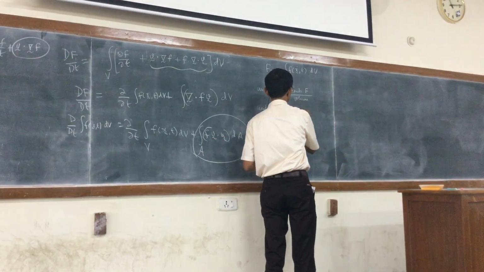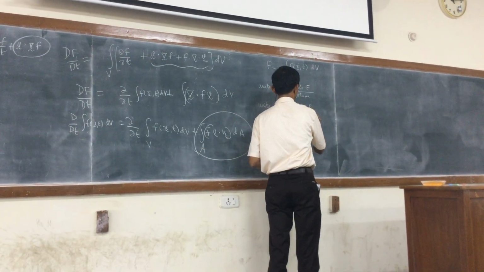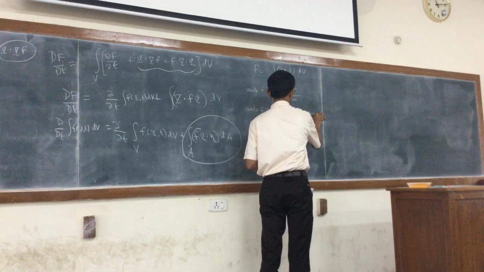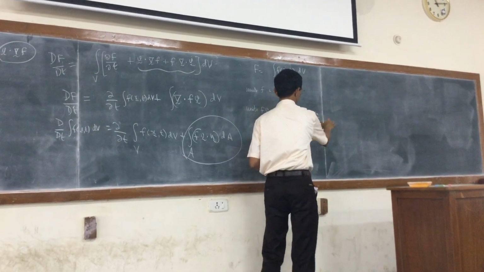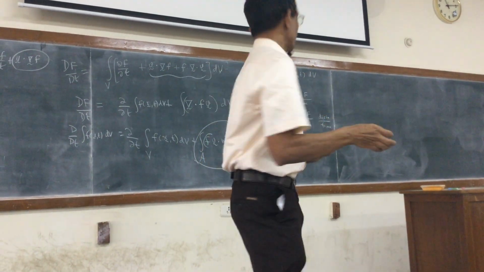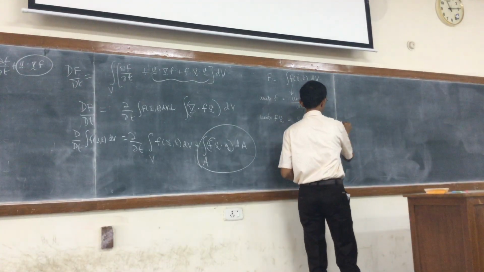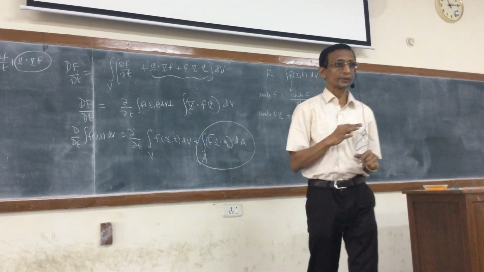But we are only looking at the units. So this would be the units of f per volume times distance by time. This is now a vector which has these units.